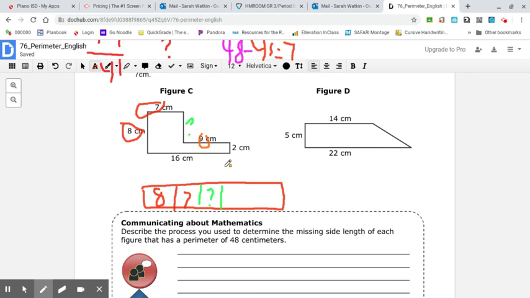Plus 9. Plus 2. Plus 16. I circle them as I go, that way I know I didn't miss anything. And we know that the perimeter is 48 because they told us.